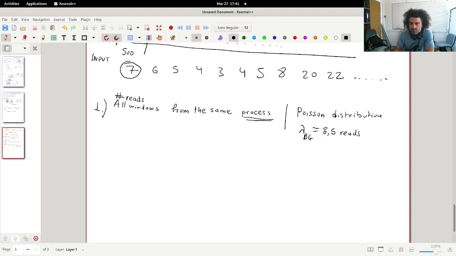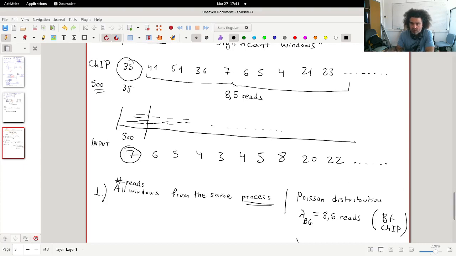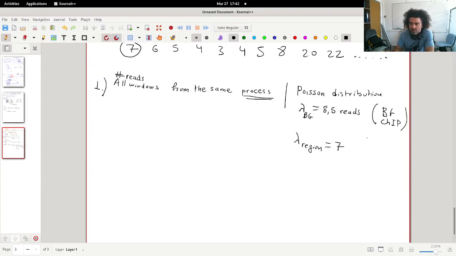So let's call it lambda region, which is 7. Now again, the previous one is by using the genome background of the ChIP, so all other windows except the one that we are working with. And here it uses the same region on the input.